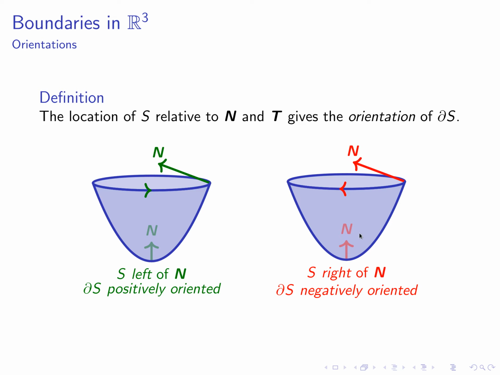So we have the same choice of our standard normal vector, but the boundary here is parameterized in the opposite direction. So here, if we were the standard normal vector, when we look in the direction of the unit tangent vector, the surface is to our right, not to our left, which means that the boundary here is negatively oriented.